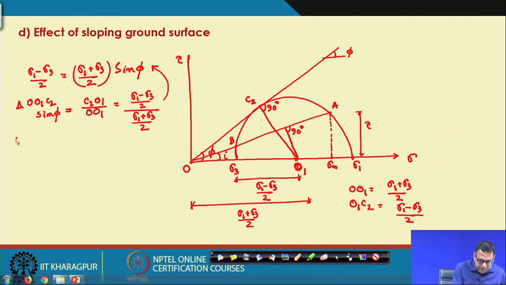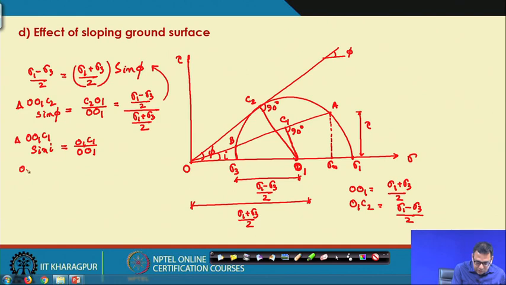Now, if I take triangle O1 C1, if this point is C1, now I am taking this triangle. Okay, so, I can write that sin I is equal to, again this is the perpendicular line, O1 C1 divided by O1. Okay.